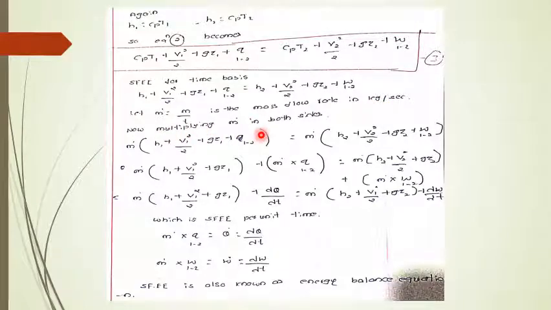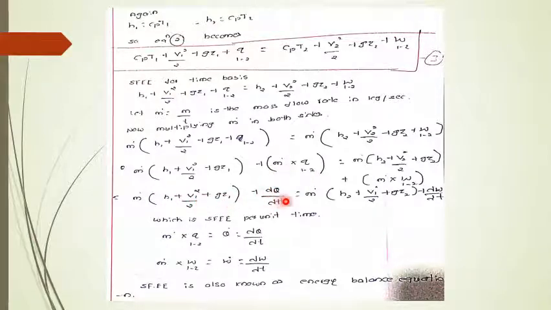Now multiplying m dot on both sides, you will get this. If you simplify and rearrange the terms, and keep on simplifying, this becomes m dot into h1 plus V1 square by 2 plus gz1.